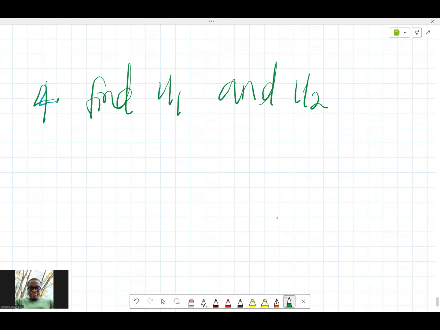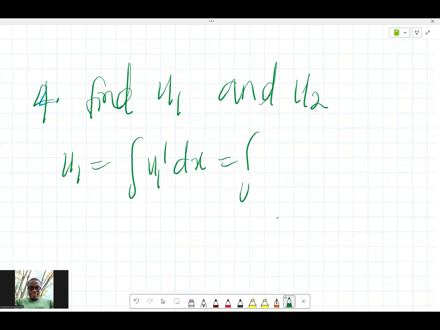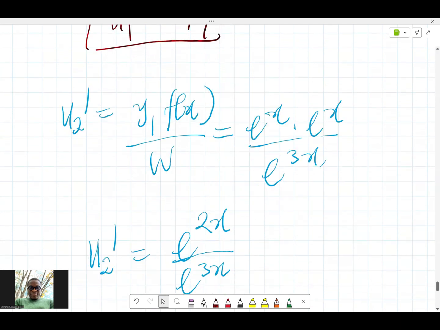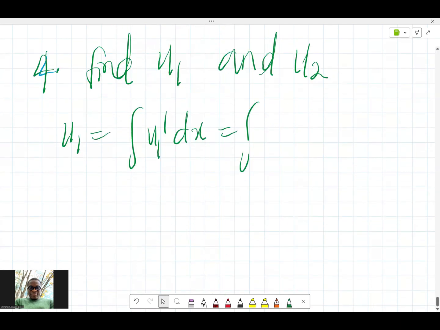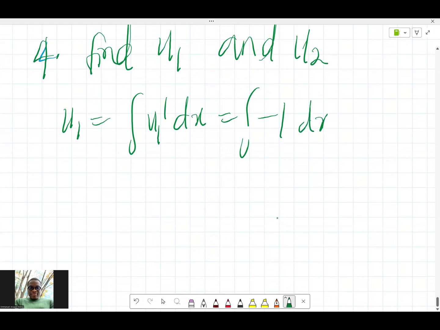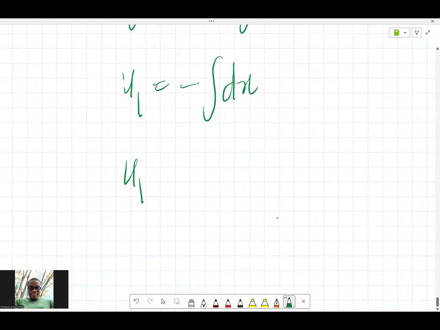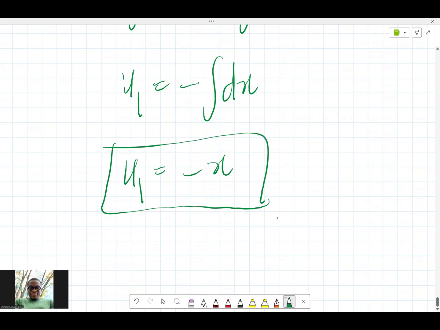Well, of course, we know u1 will be equal to the integral of u1 prime dx. So that will be the integral of minus 1, okay, up there. So that's minus 1 dx. So that means that u1 is equal to minus the integral of dx. And that is simply u1 equals minus x, plus a constant, which we don't have to worry about.